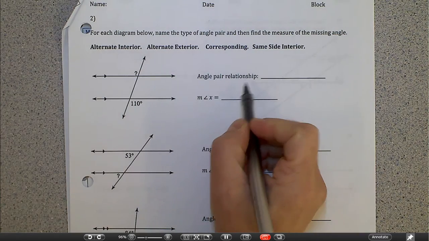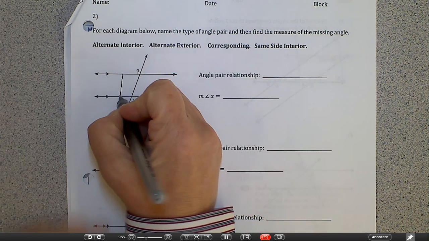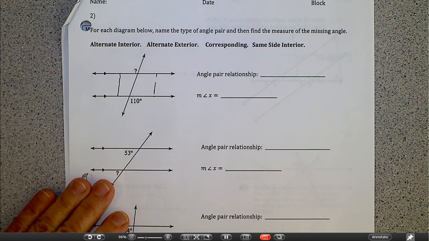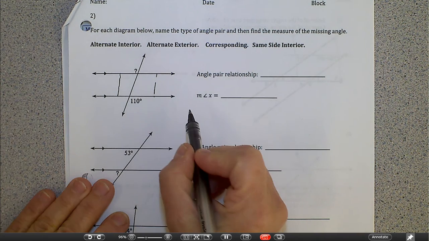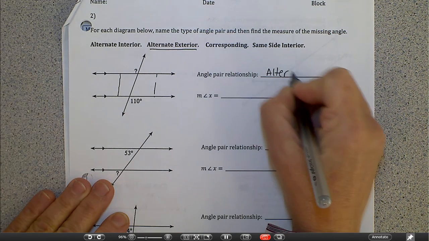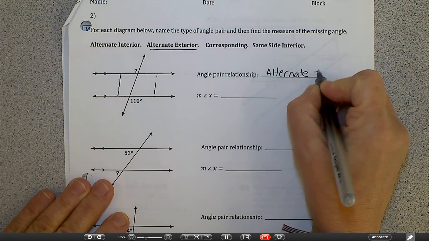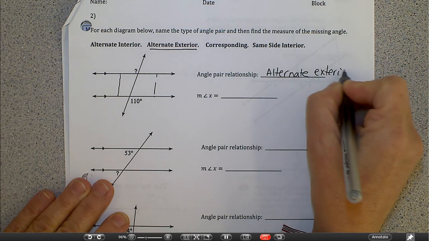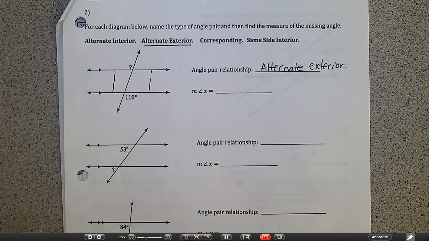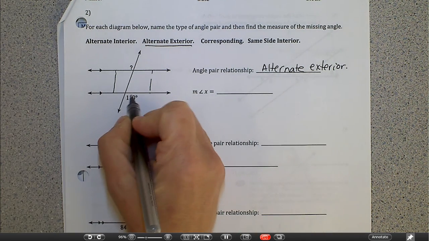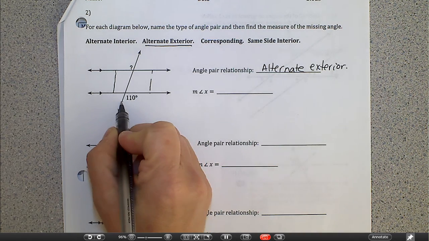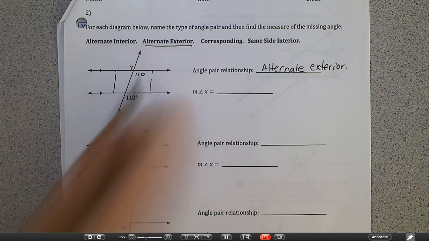Angle pair relationship. So what we have here is an imaginary box. I want to remind you, we are outside the box on opposite sides, so we are called alternate exterior. Using the idea of corresponding sides, this is below the line, and this is below the line.